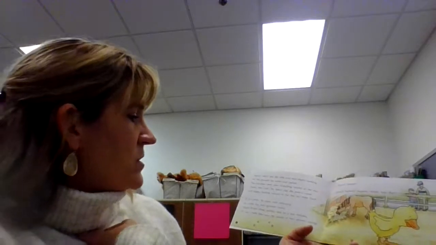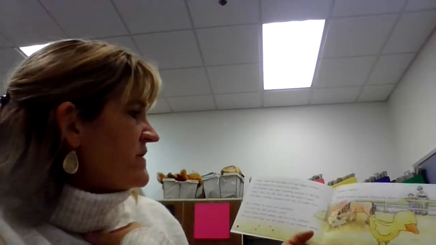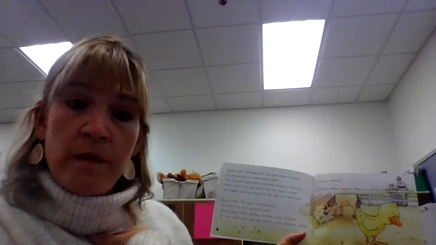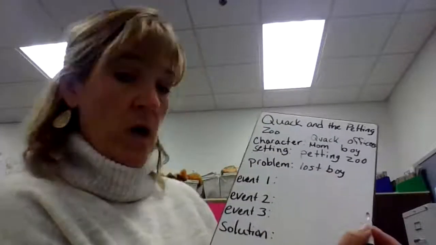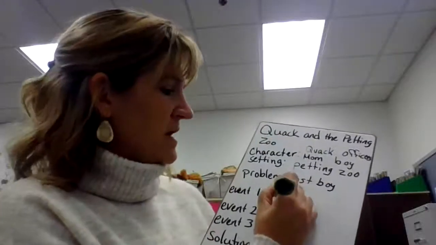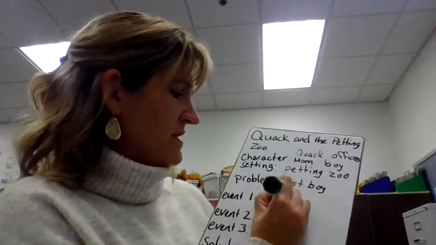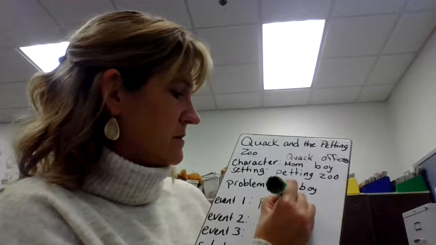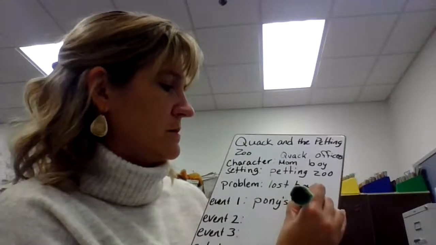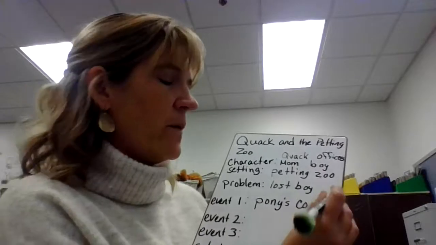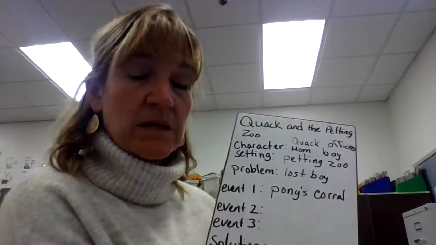So, the first event here that's happened is that he went into the pony's corral. So for event 1, I'm going to write down pony's corral. That's the first thing Quack did, is he went into the pony's corral.